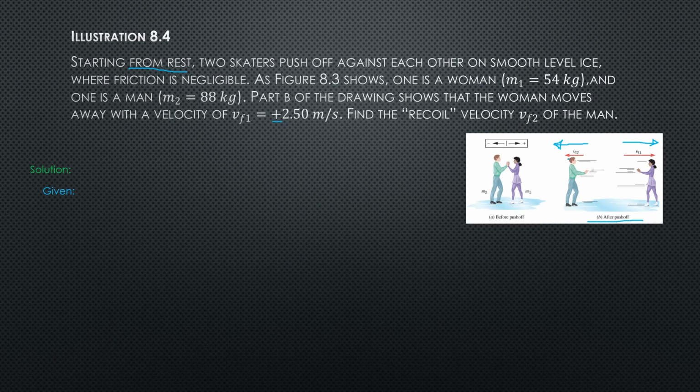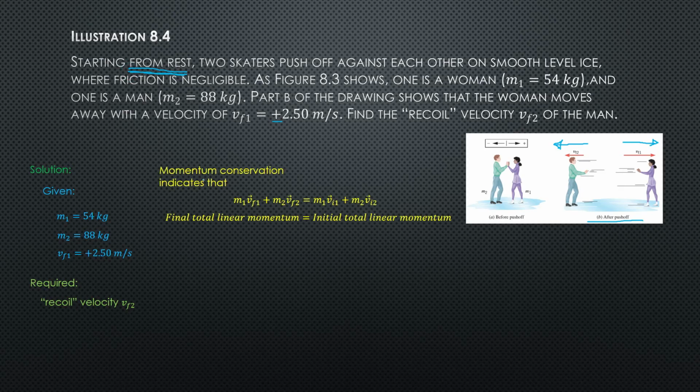Given the mass of the woman, mass 1, is 54 kilograms and mass 2 is 88 kilograms, and the final velocity of the woman is positive 2.50 meters per second. So what is the recoil velocity vf2 of the man? The question here is, what is their initial velocity? The initial velocity of the man and the woman is 0 because they are at rest.